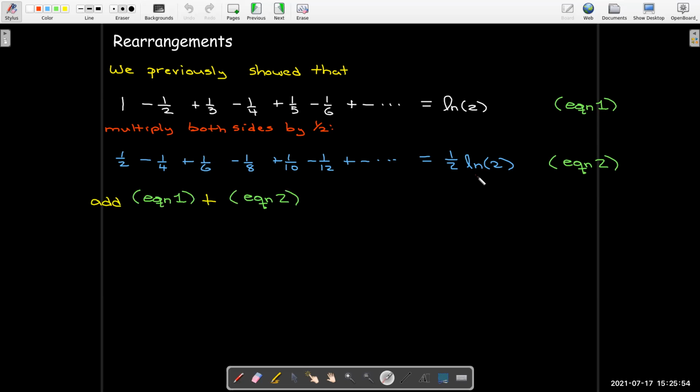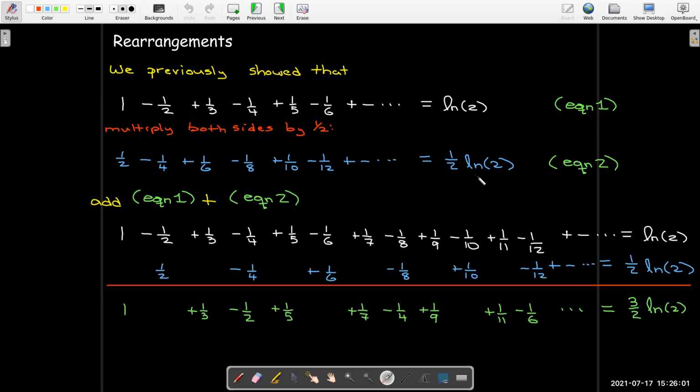And now I'm going to add these two equations together in a particular way. So I'm going to just add the terms from equation 2 to the corresponding even numbered terms in equation 1. And when I do that, of course, if they have different signs, they'll add to 0. They have the same sign, and that only occurs when they're both negative, then I'll get negative twice the value.